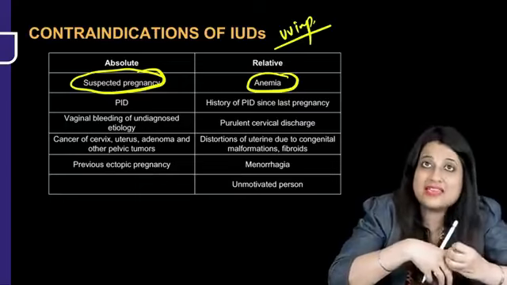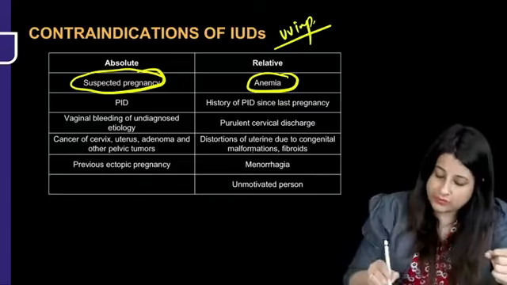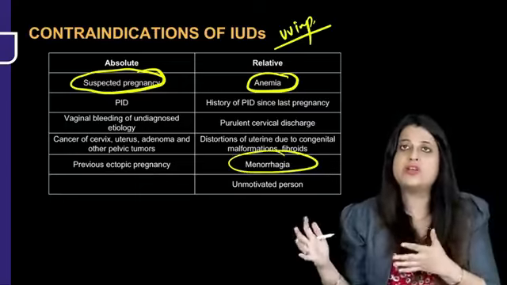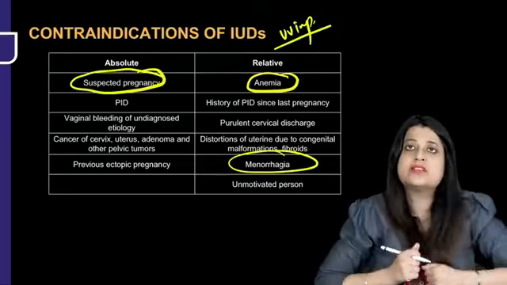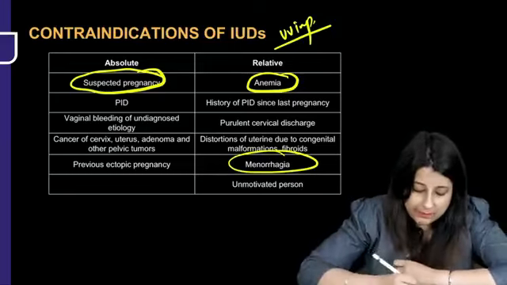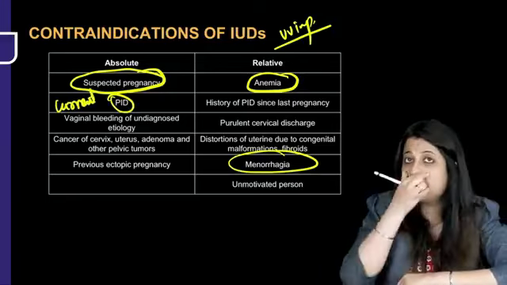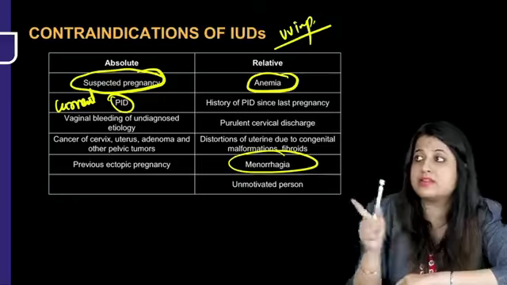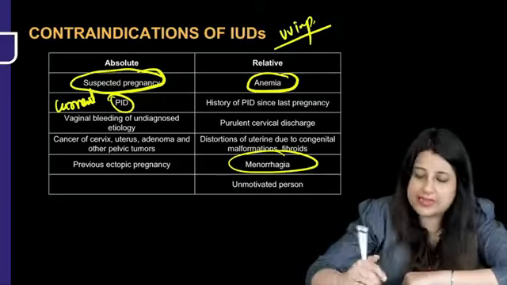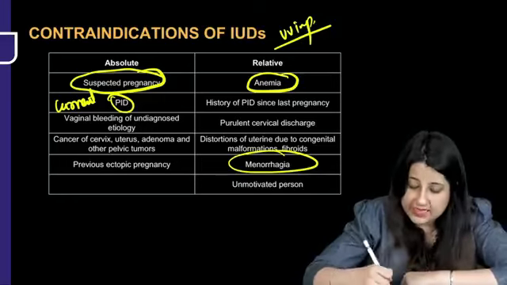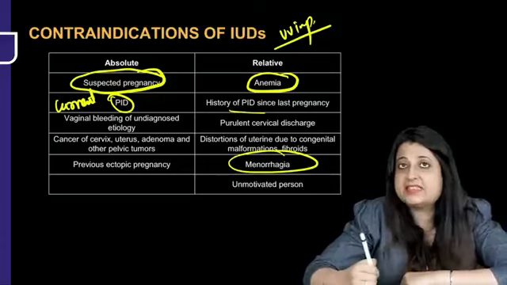So if a woman is anemic or is a case of menorrhagia, excess bleeding during periods, you need to insert this carefully. All right. Current PID is absolute, guys. Anyone who has multiple sexual partners, never advise them an IUD. It can precipitate PID. Relative is history of PID since last pregnancy.